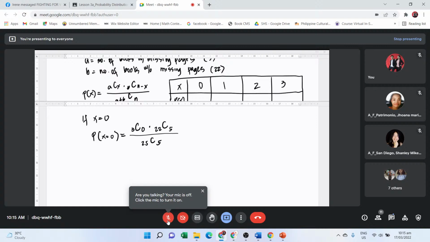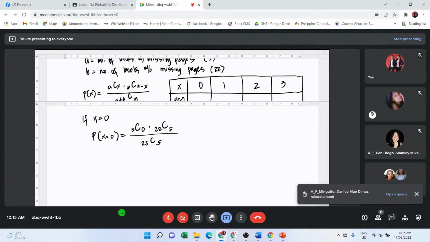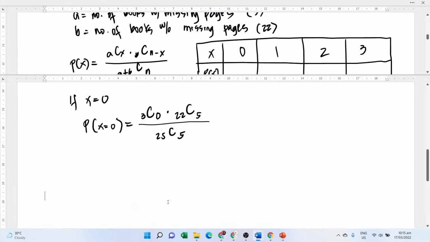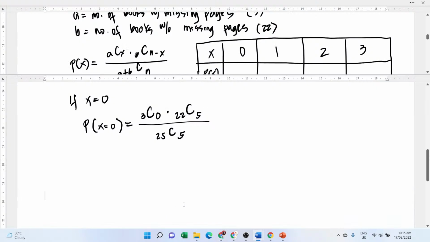Is there anyone, while I'm getting my calculator, who has an answer here already? Or you have your calculator? Will you please try to compute ahead of me? Yes, Mingito, you have an answer here? 57 over 100.